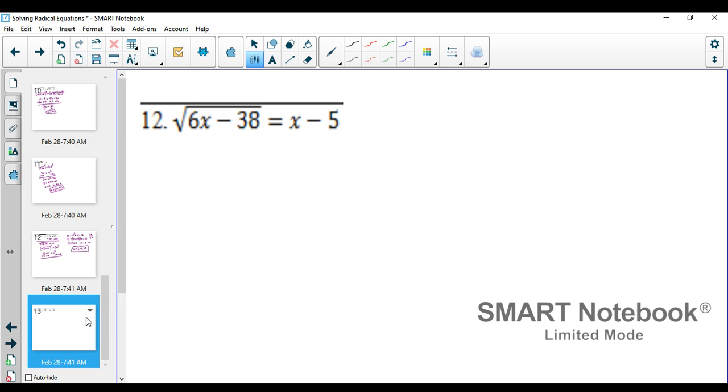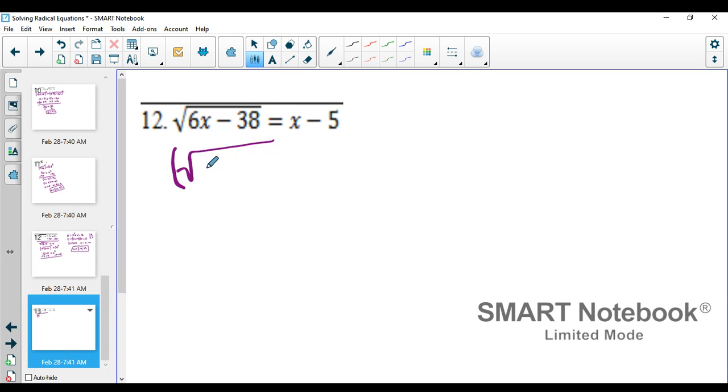And number 12, we have the square root of 6x minus 38 equals x minus 5. All right, now this is the one where everybody is going to do the wrong step at some point. We have to square both sides because the square root of 6x minus 38 is by itself.